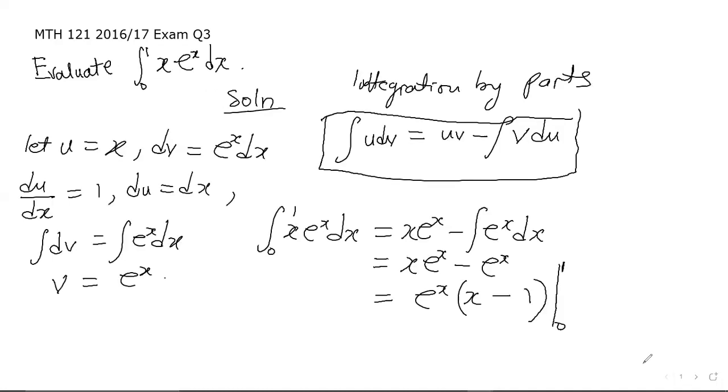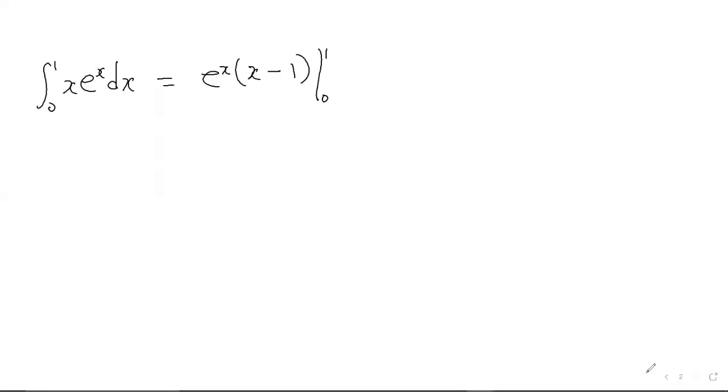Applying these boundaries, the first one will be: anywhere you see x, you put 1. So e raised to the power of 1 into 1 minus 1, that's for the boundary of 1. Then minus, in a big bracket, the same expression where anywhere you see x, you put 0: e raised to the power of 0 into 0 minus 1.